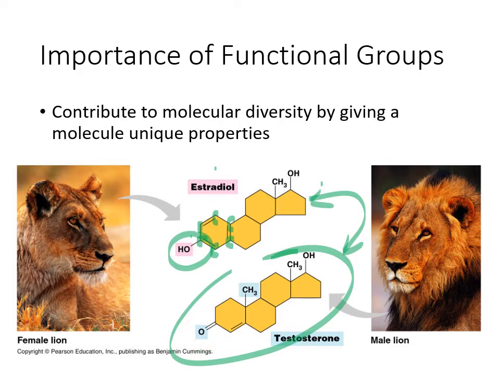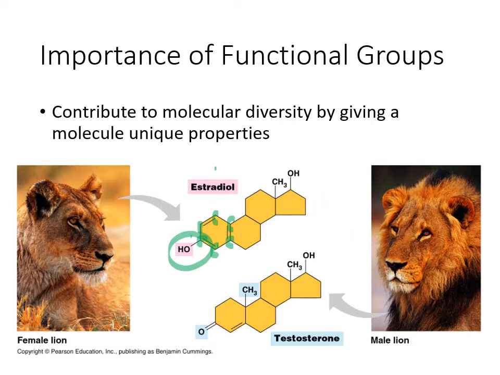The point is, if you take a molecule and you make a small change to it, you can have a hugely different biological impact. And so these two particular molecules, you recognize the name of at least one of them, these are hormones, and they are relatively similar to each other. They're molecularly quite similar, but they have a slightly different functional group.